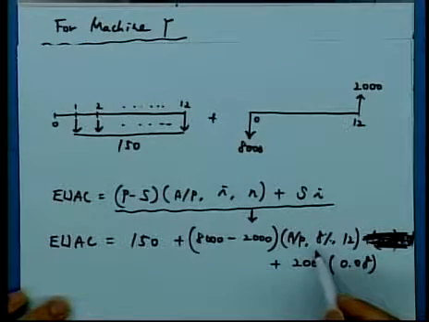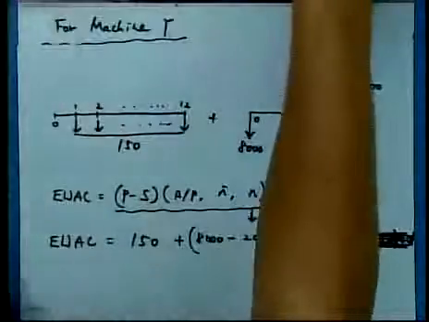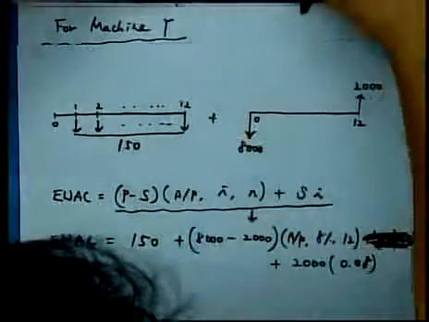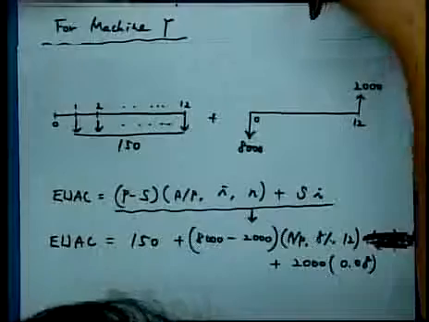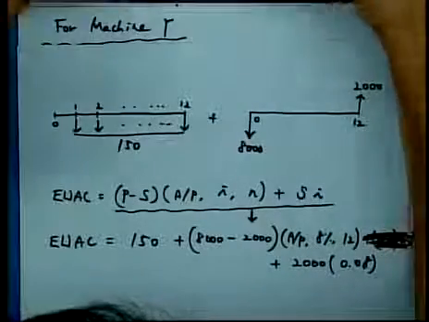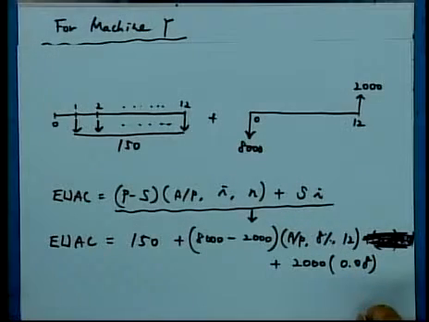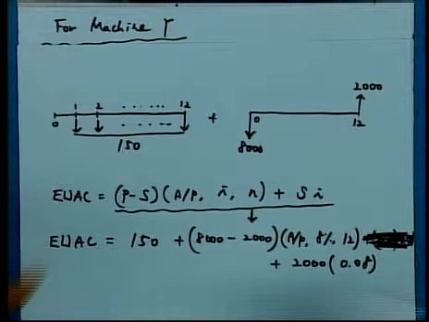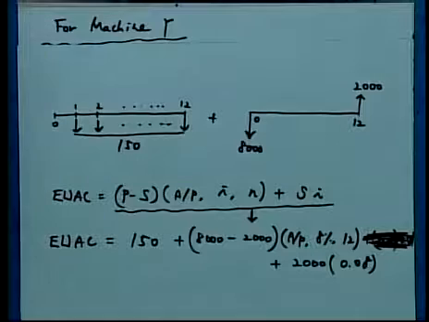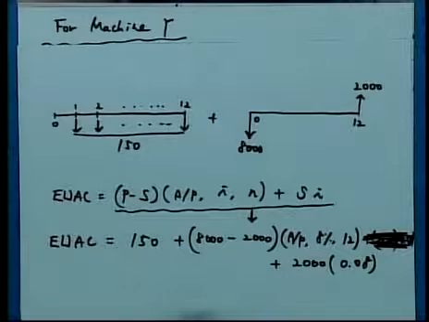So A given P, 8% over 12 periods, that is 0.1614.